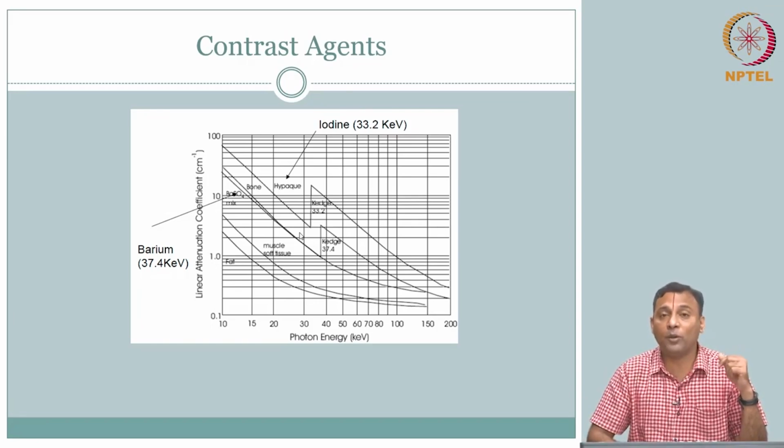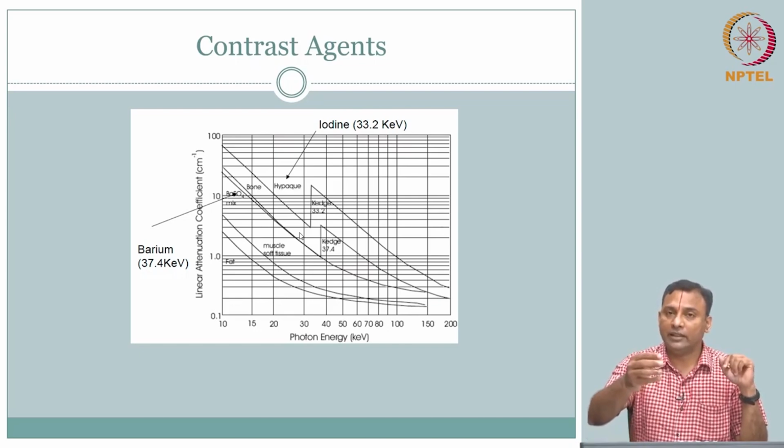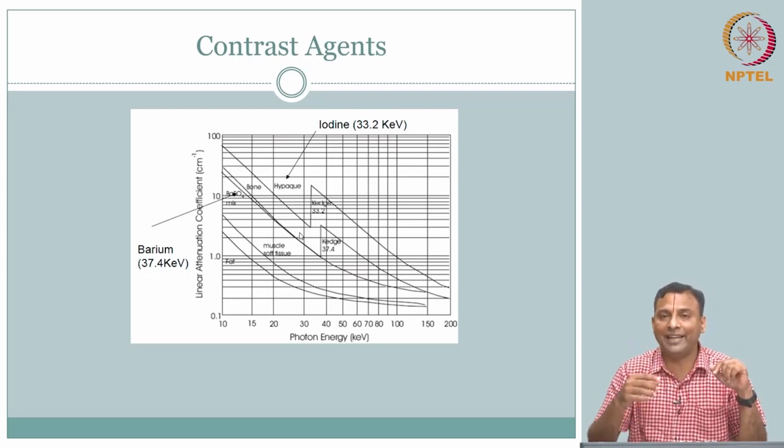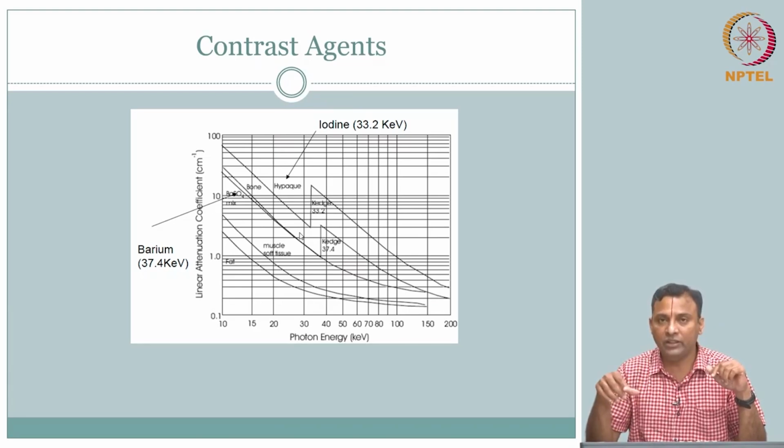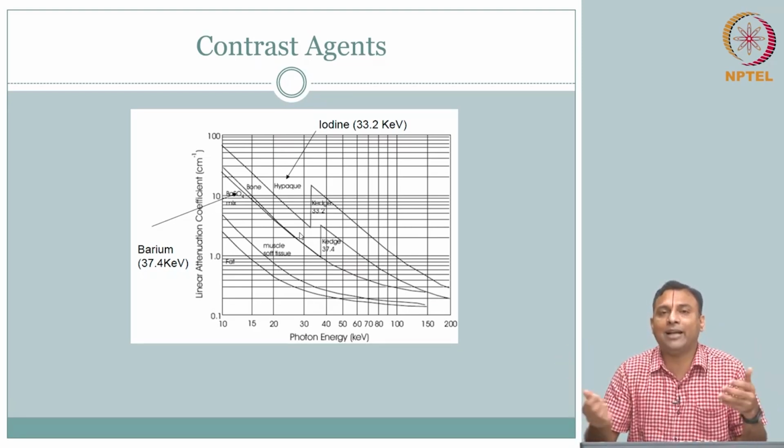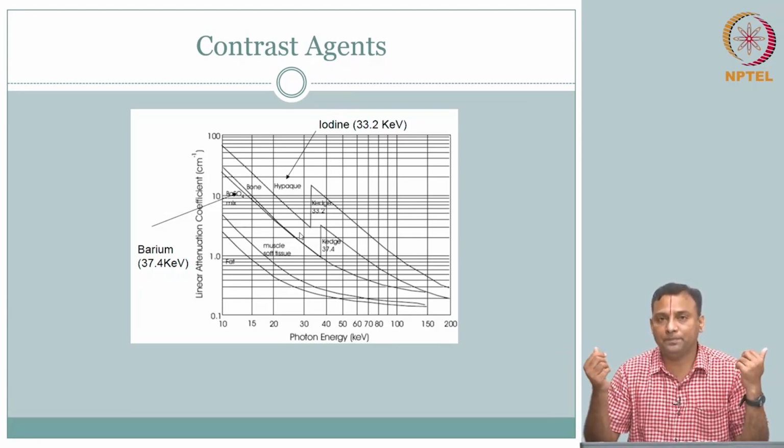Go look back at the probability of interactions that we talked about. We noticed that when the X-ray energy is close to a material's K shell binding energy, there is clearly a maximization of the effect.